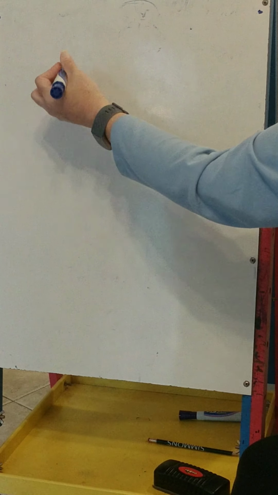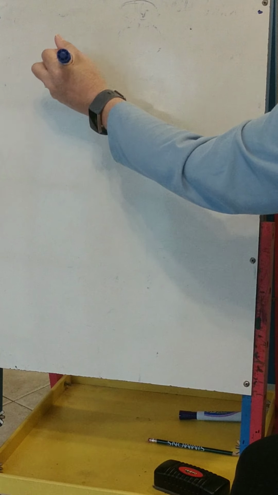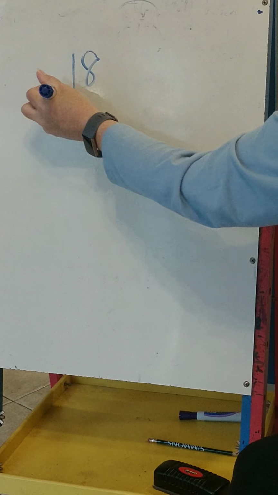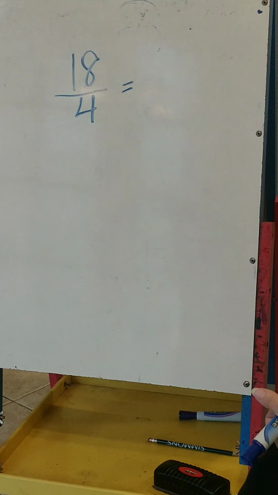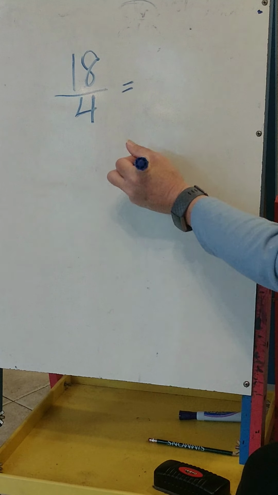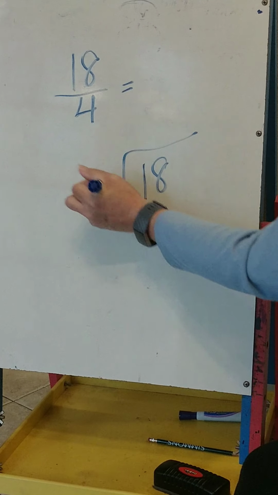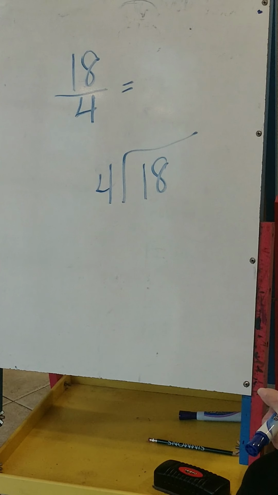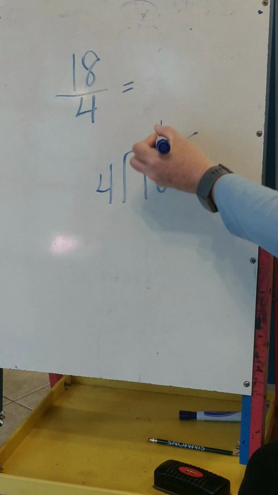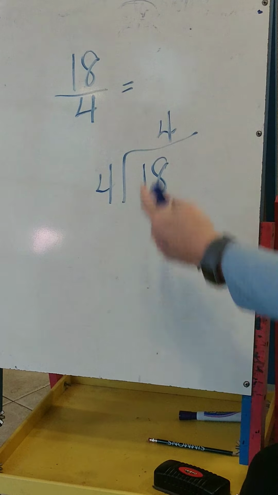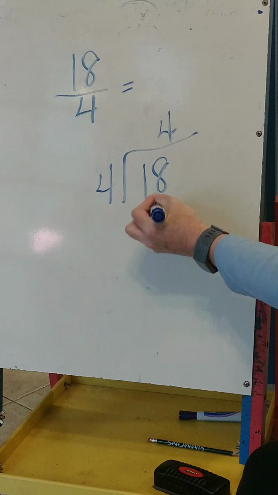So I'm just going to pick a couple random numbers. Let's try 18/4. So that's an improper fraction. My job right now is to change that into a mixed number. So I set up my division problem. And this is going to be good for some of you to review long division a little bit too. So 4 goes into 18 4 times. I multiply. 4 times 4 is 16.